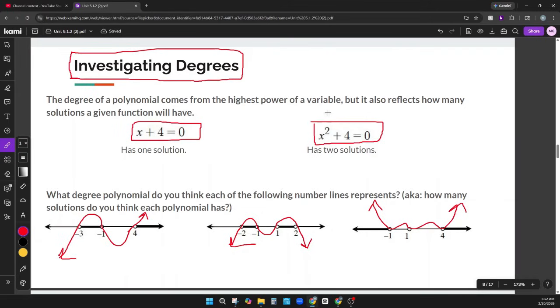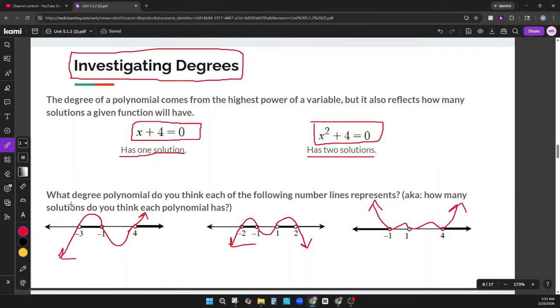So it's related to the highest power, but the degree also reflects how many solutions the given function will have. So because we have a power 1 here, it's going to have one solution. Because we have a power 2 here, it's going to have two solutions. So using that information, we're going to go ahead and see what sort of trends we could notice on the number lines.